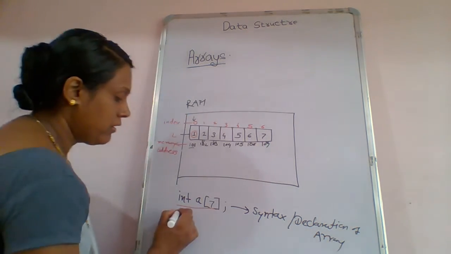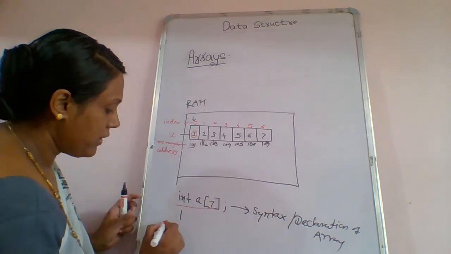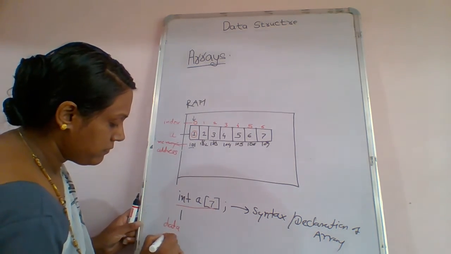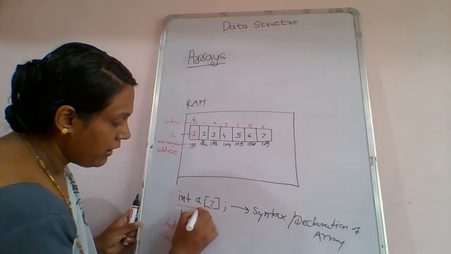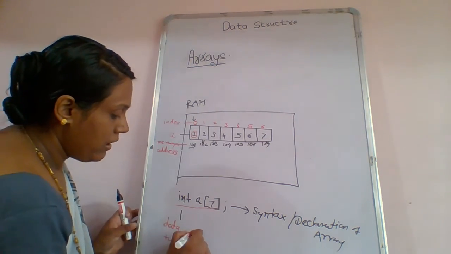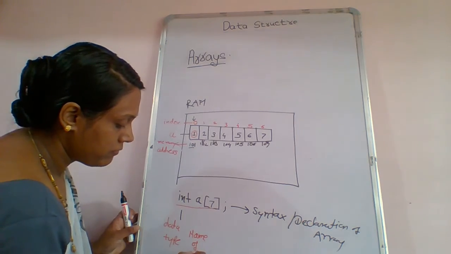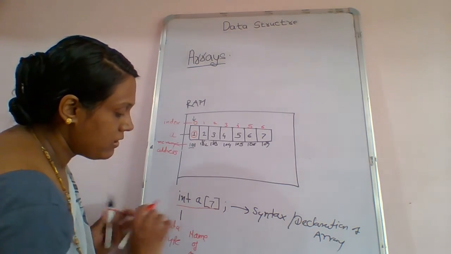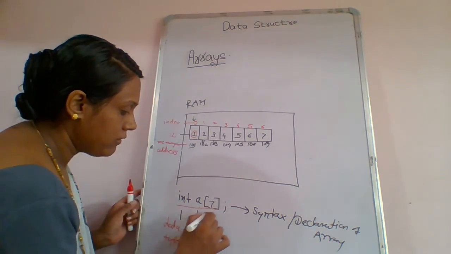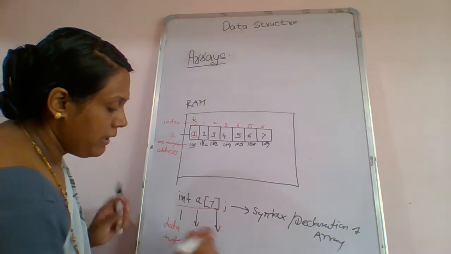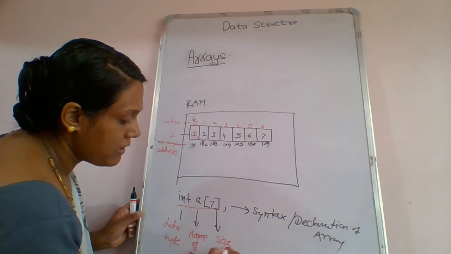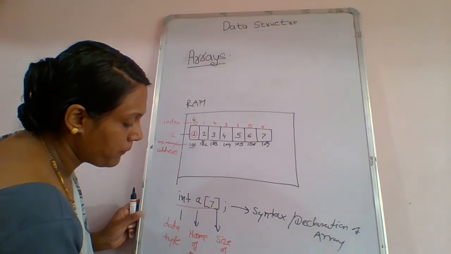In it, int is the data type, then A is the name of the array, and this is the size of the array.